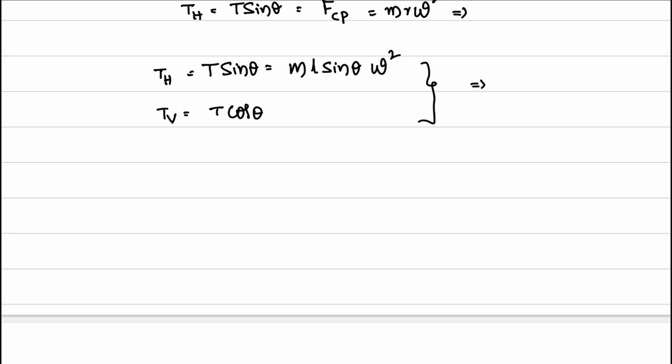From these two, dividing one by the other, T_H by T_V is T sin theta divided by T cos theta. T gets cancelled, it will be tan theta. This tan theta is equal to T_H by T_V.